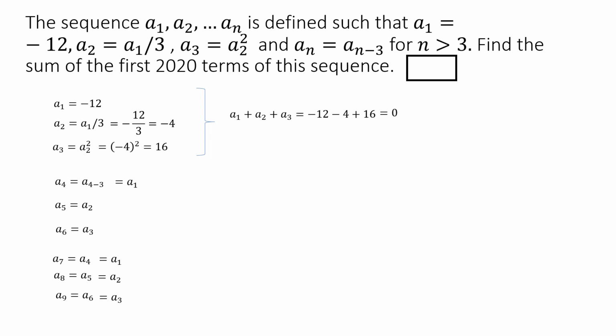So A4 plus A5 plus A6 will be 0, and A7 plus A8 plus A9 will also be equal to 0.